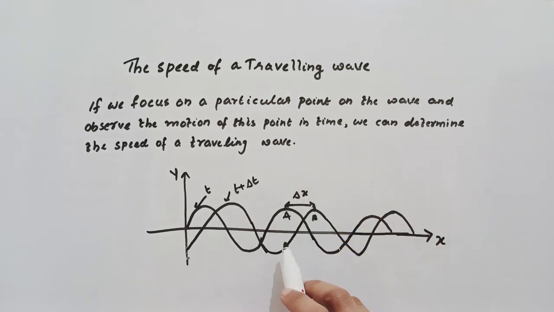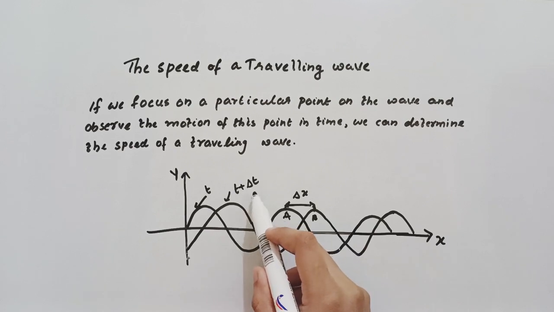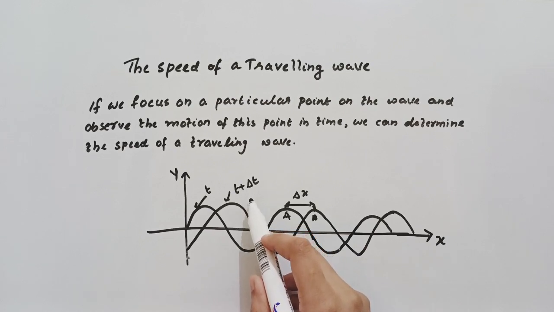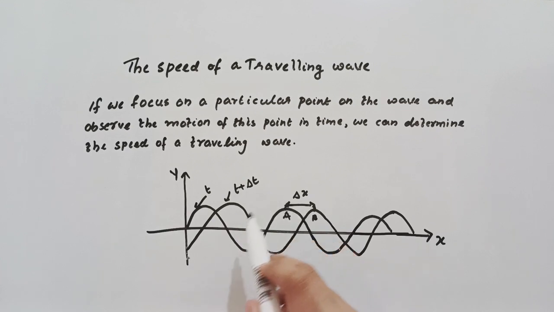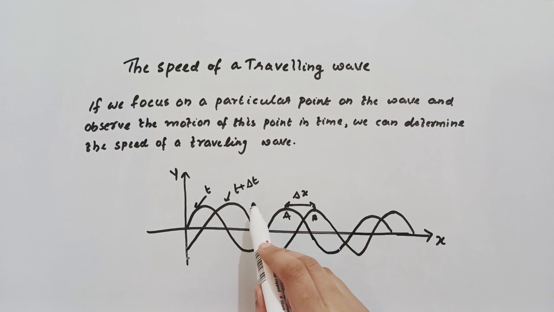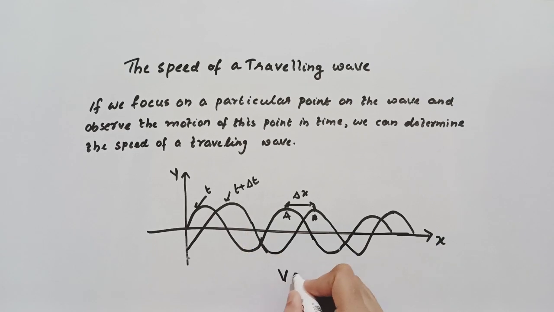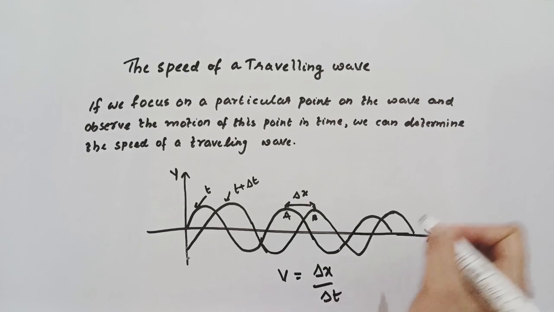Here in this figure, we have two snapshots of a travelling wave taken in a small interval Δt. The entire wave moves through a distance Δx in interval Δt. The wave speed can be calculated using the relation v = Δx/Δt.